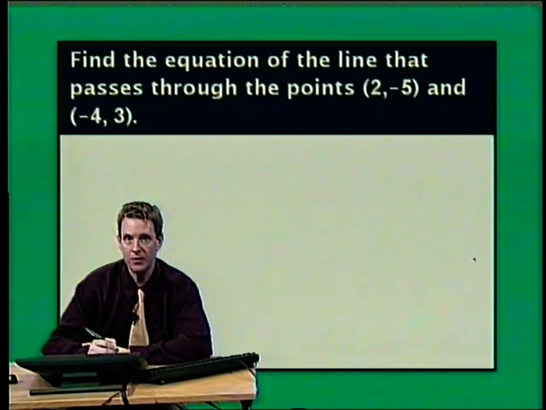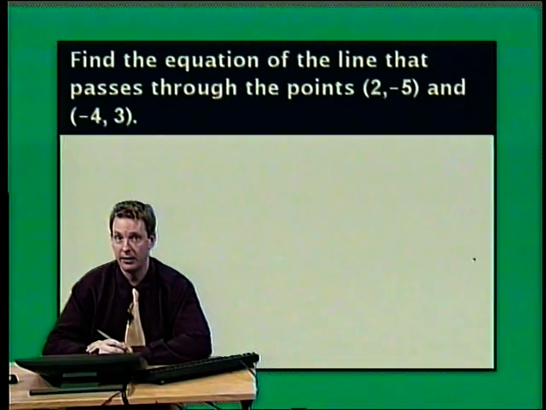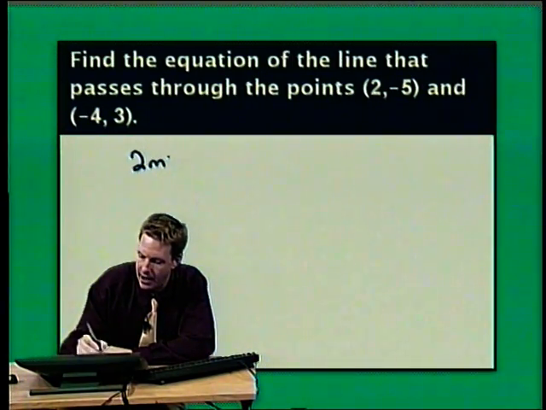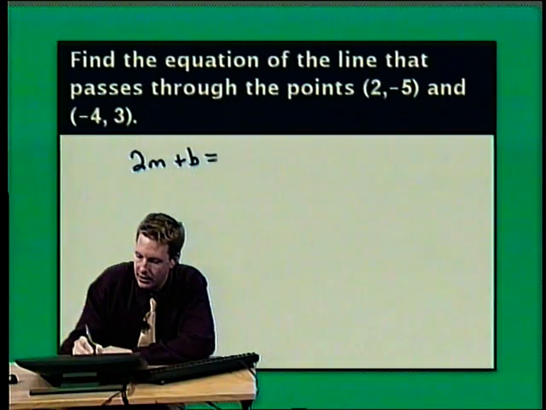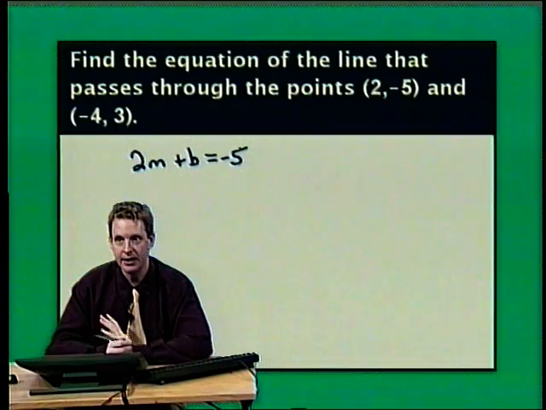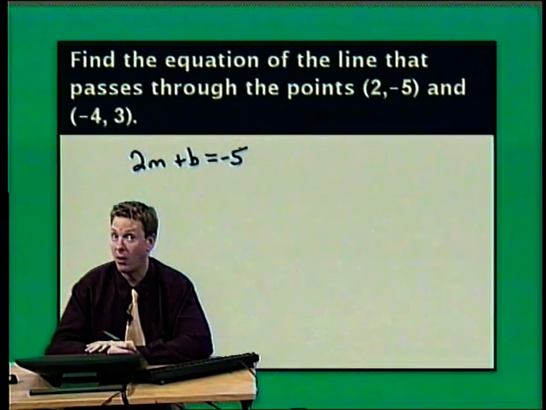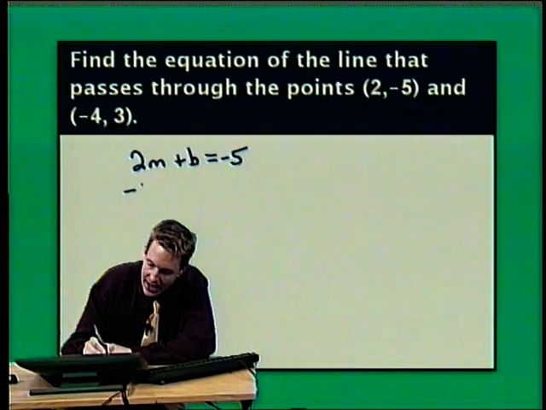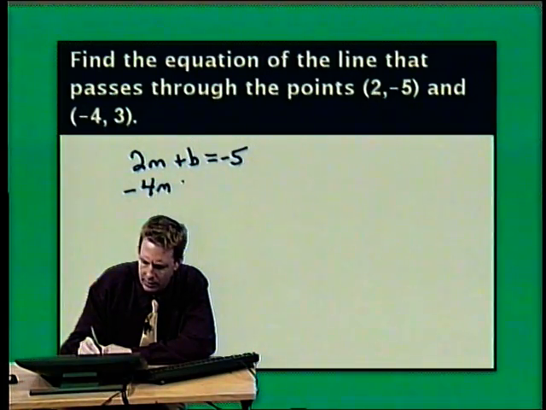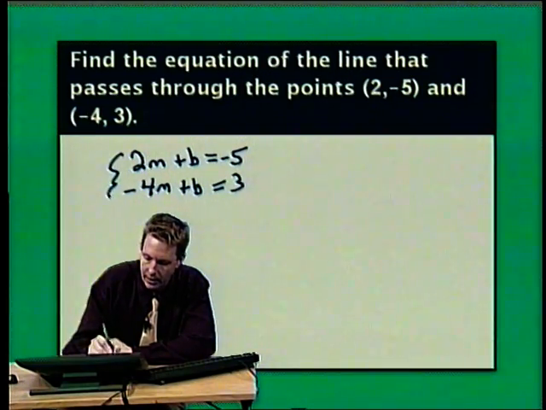So our first equation, rewritten in a little more orthodox fashion, said that 2 times m plus b equals -5. And our second equation, again written in a little bit more orthodox fashion, said that -4 times m plus b equals 3.